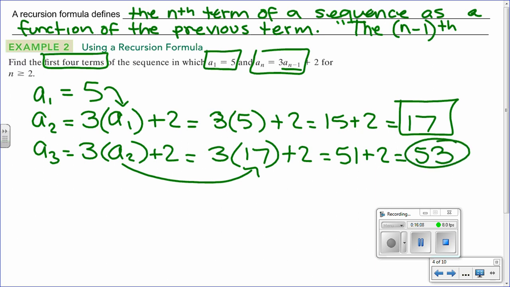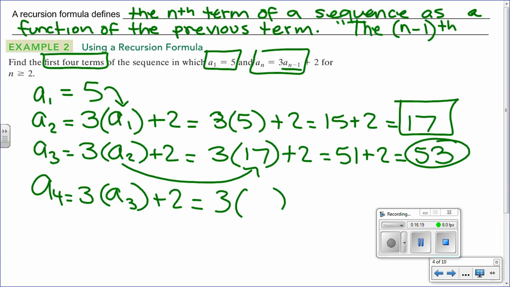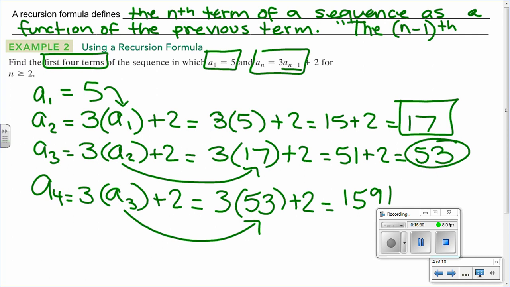And that is our third term. Now to get the fourth, we need to bring back the third, the previous one. So 3 times a sub 3, we substitute that with 53. That will be 159 plus 2, 161.